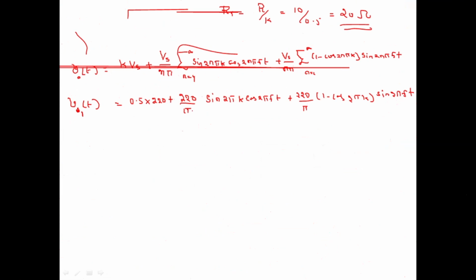So this is 220 by pi, sin 2 pi, f is the switching frequency as given, 1 kilohertz, so 1000 t.